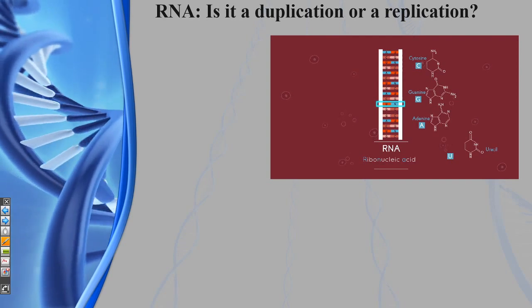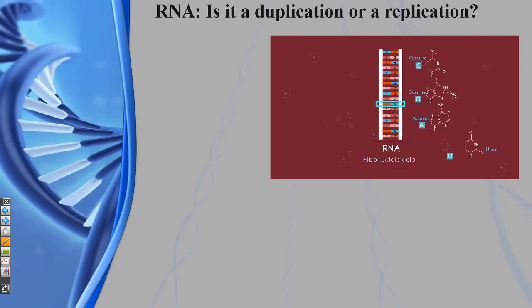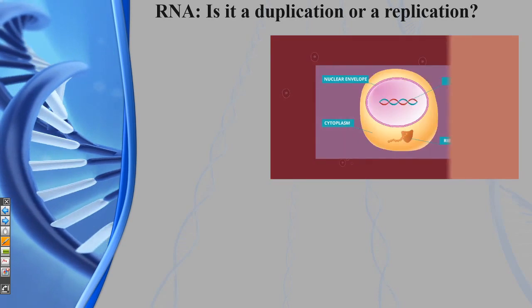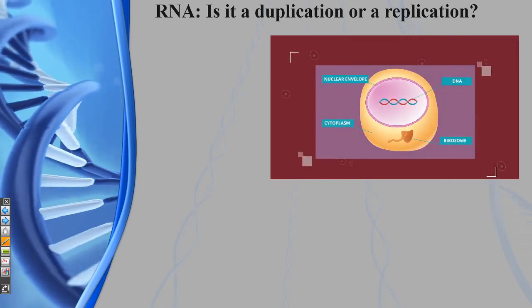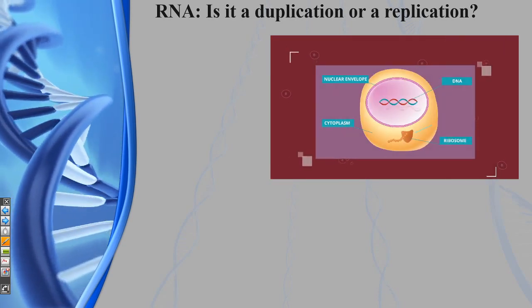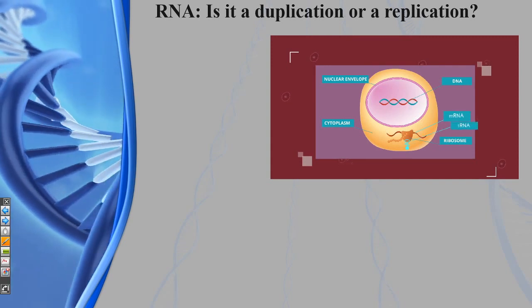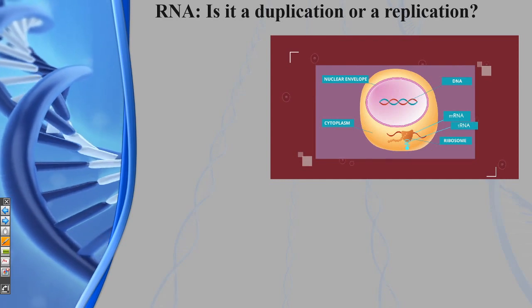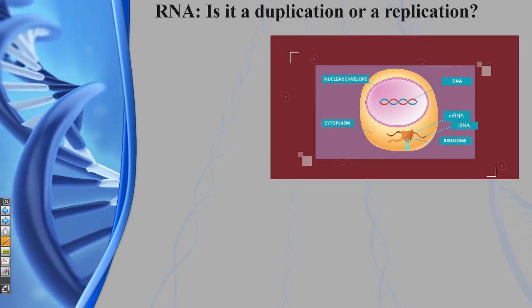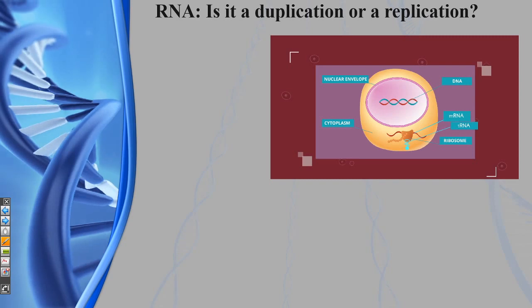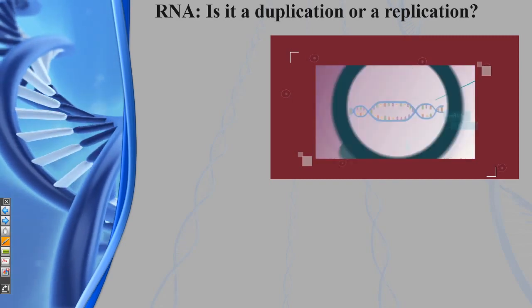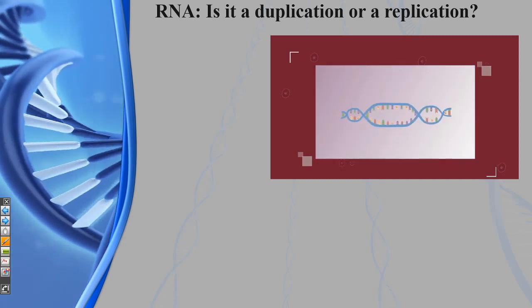We need to know about RNA because we will see it when learning about protein synthesis. We will see these two special types of RNA, messenger RNA, which is known as mRNA, and transfer RNA, which is known as tRNA. We will see the mRNA being synthesized inside the nucleus, copied from the DNA code. The tRNA is found in the cytoplasm.